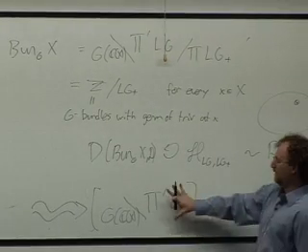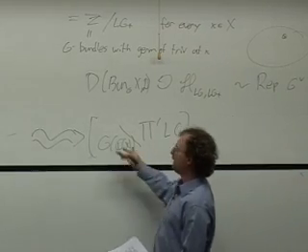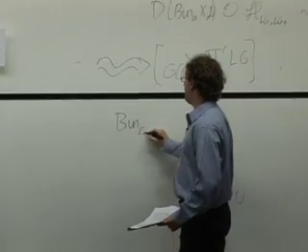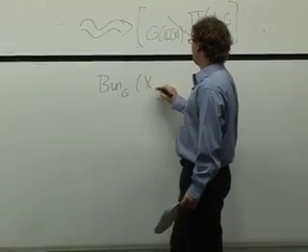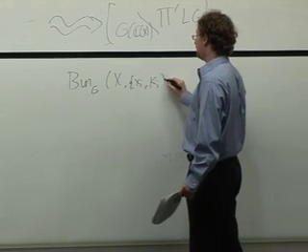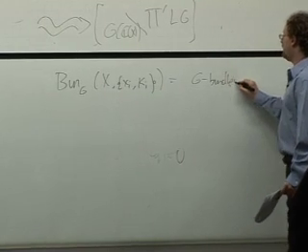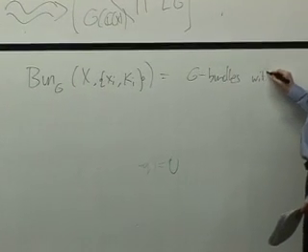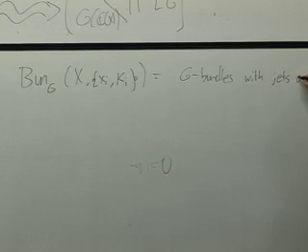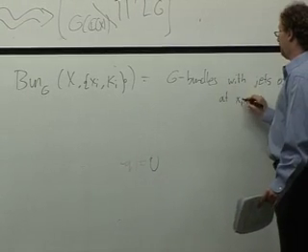So we don't ever want to look at quite this space, but we want to pick a level structure. What we really want to do is kind of approximate this. We want to look at some kind of decorated space, Bun G of X with a collection of points xi and corresponding level structures. So this is some moduli space of G bundles with little bits of trivialization at various points.